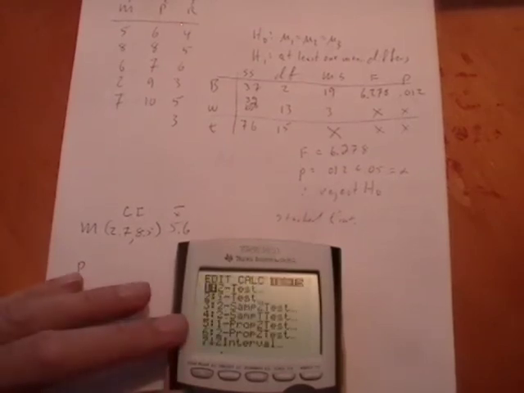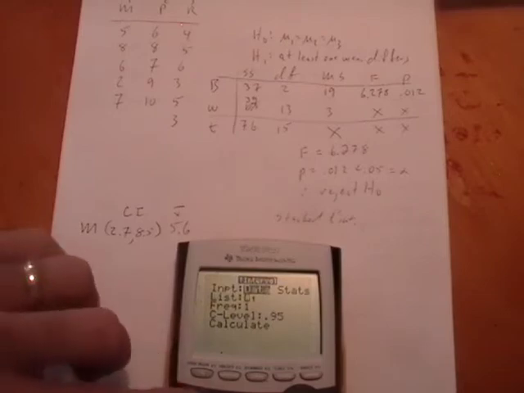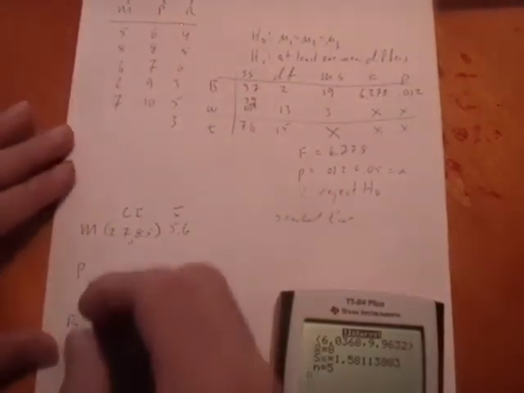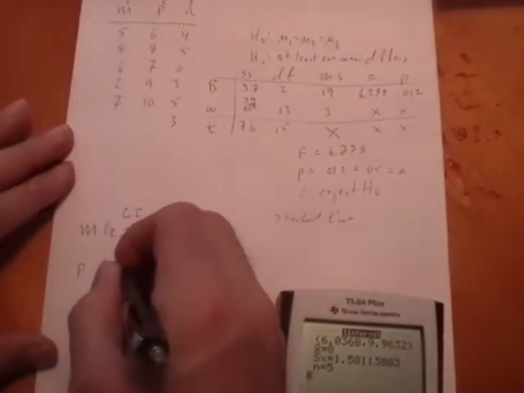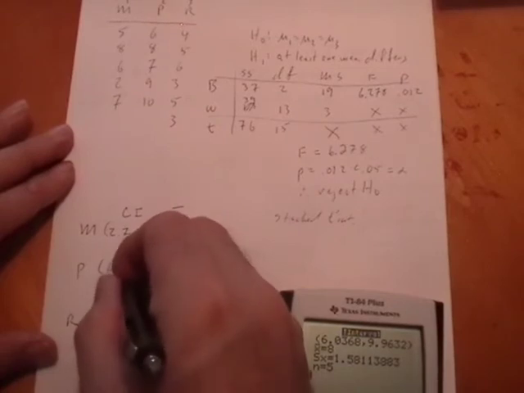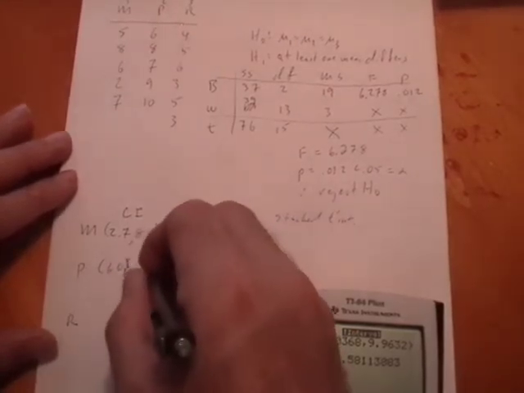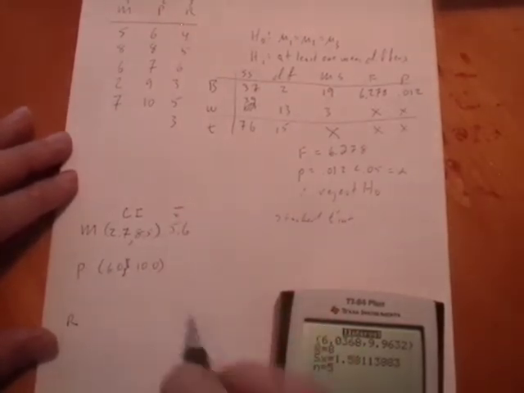Stat, test, 8, and switch list, and nothing else. That would be 6.0 up to 9.96, so I guess that would be 10.0. The mean is 8.